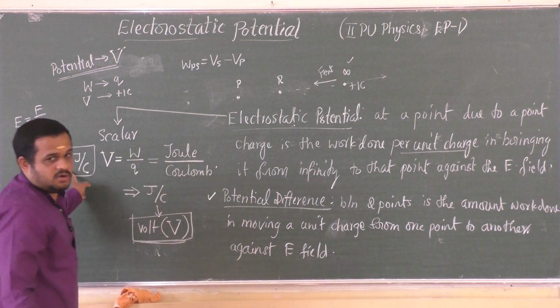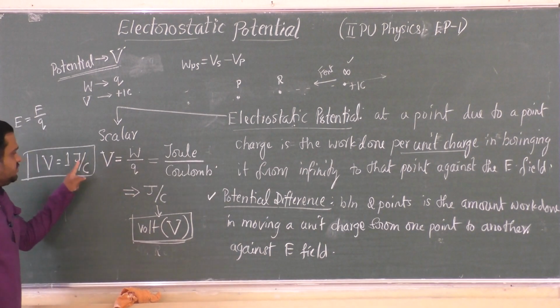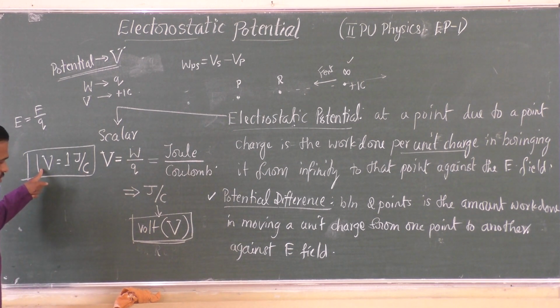Actually, it is the definition of unit of electric potential. If 1 joule of work is done in moving 1 coulomb charge, then potential is said to be 1 volt.